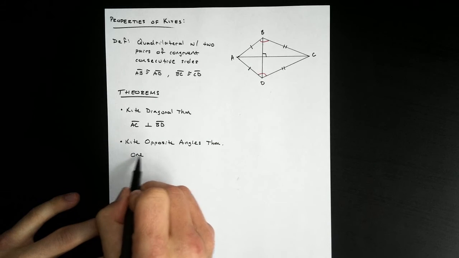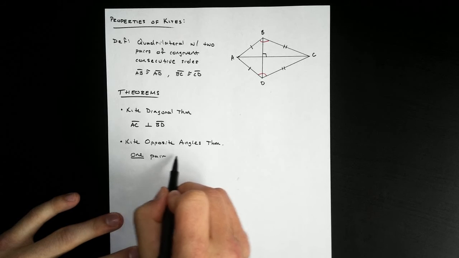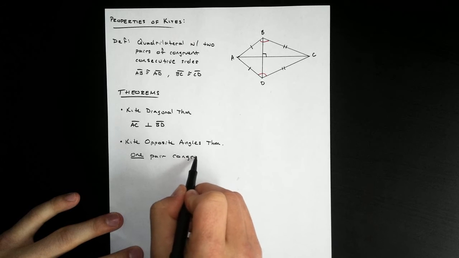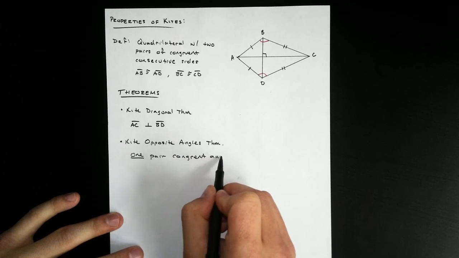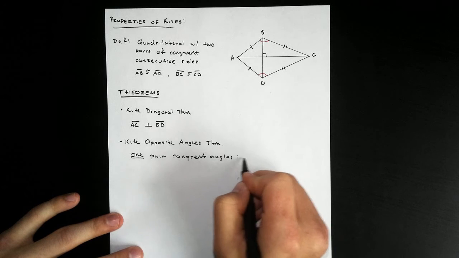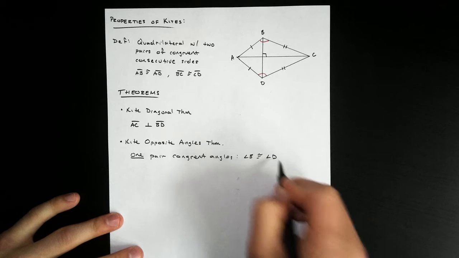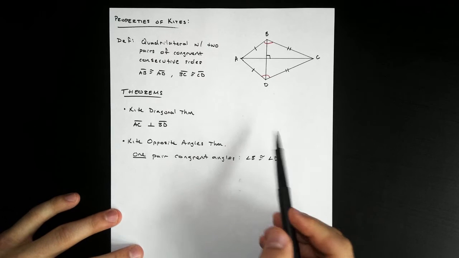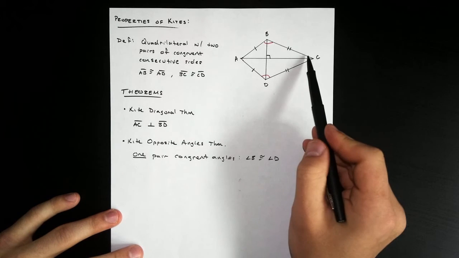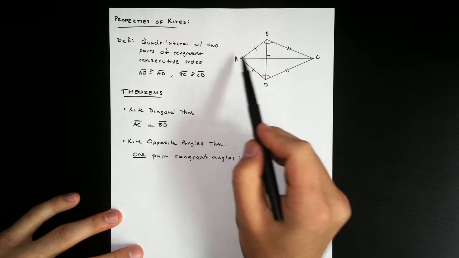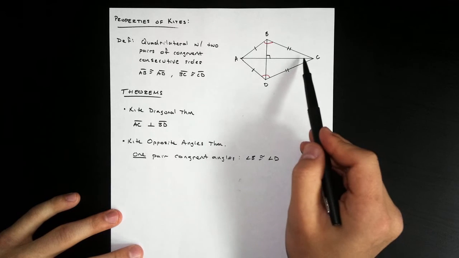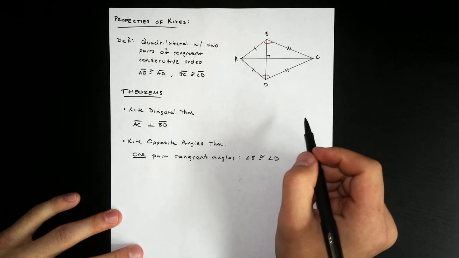So one pair of congruent angles. We have angle B is congruent to angle D.